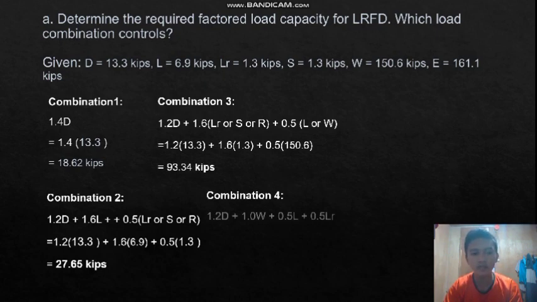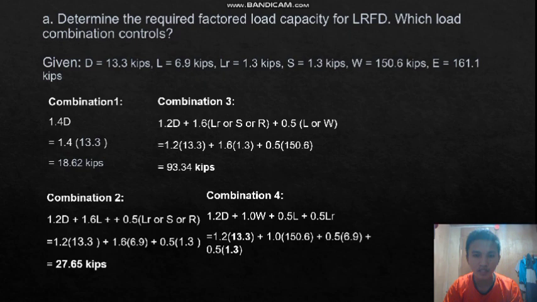For combination 4, 1.2D plus 1.0 multiplied by W plus 0.5L plus 0.5 multiplied by LR. Substitute din natin, ang lalabas na value is 170.7 kips.